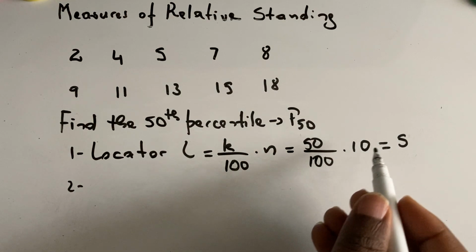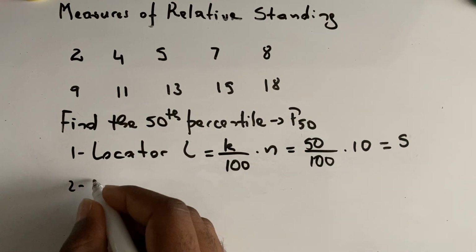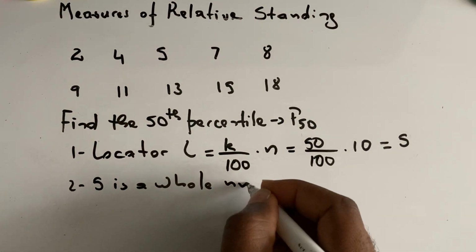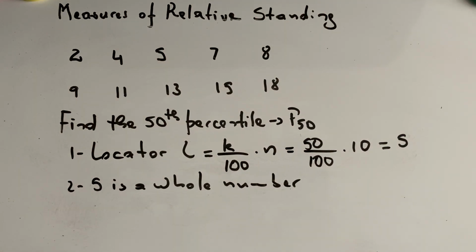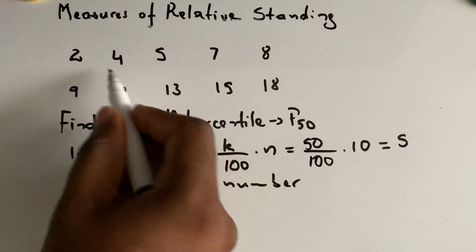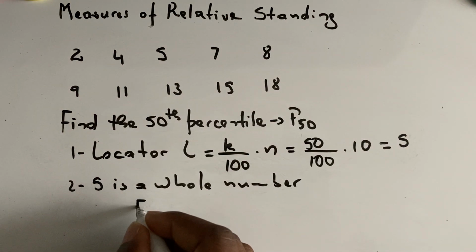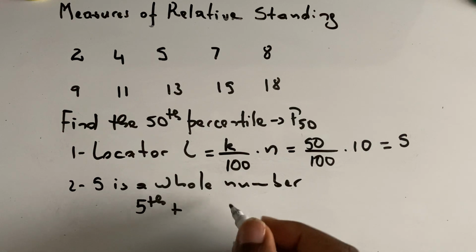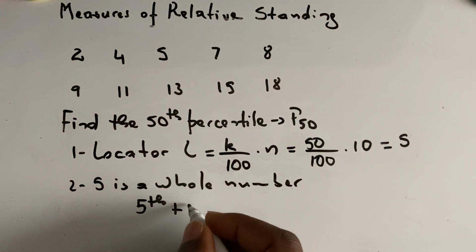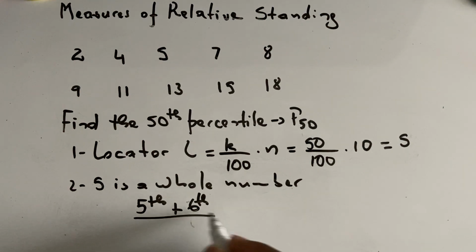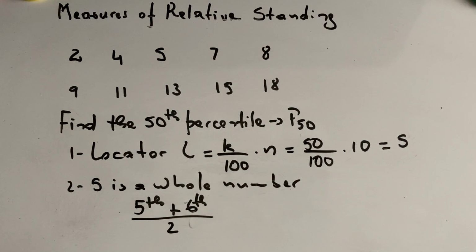If yes, and in this case it's a yes, 5 is a whole number, all you have to do is take the fifth value from the data, plus the next value, the 6th value, divided by 2, because you're trying to get those two values, like the median again, as I told you.